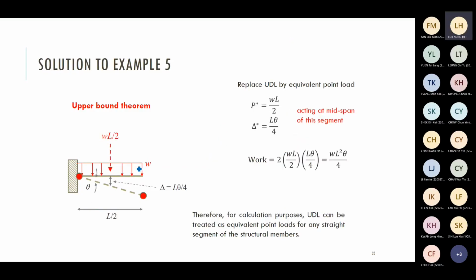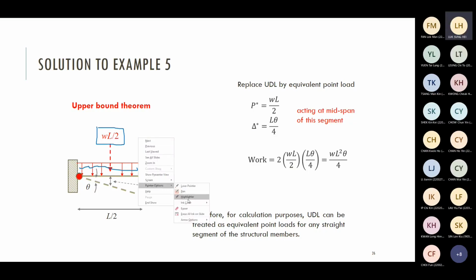There is another way. I think it's more straightforward. I directly consider 1/2 of the structure because of the symmetrical arrangement. This 1/2 of the structure is under UDL. Using the same theory, you can replace the UDL by one equivalent concentrated force acting at the middle of this UDL. Okay?